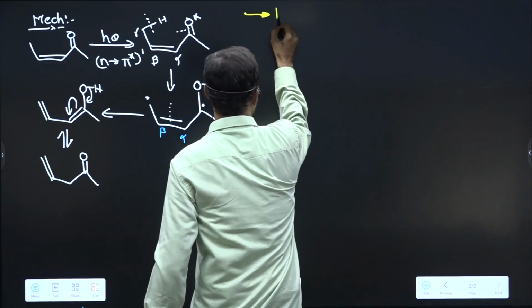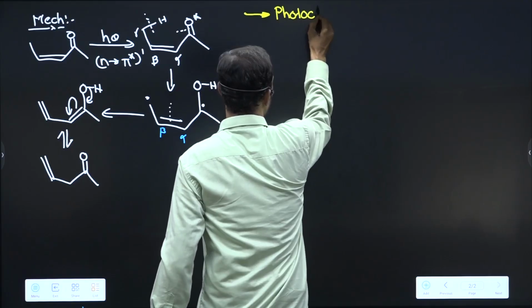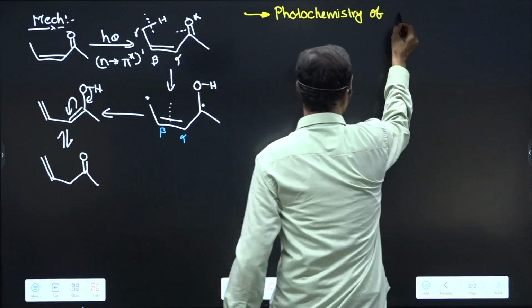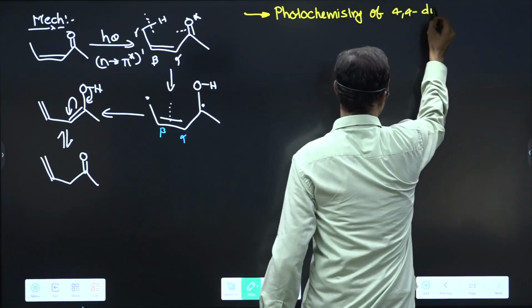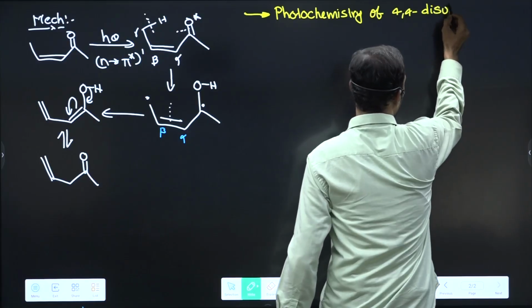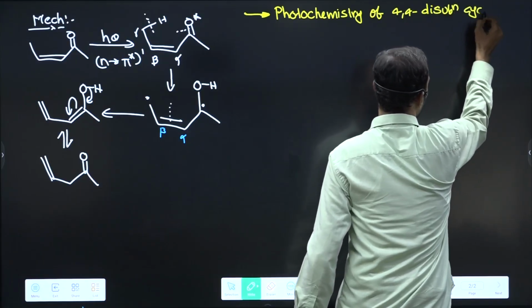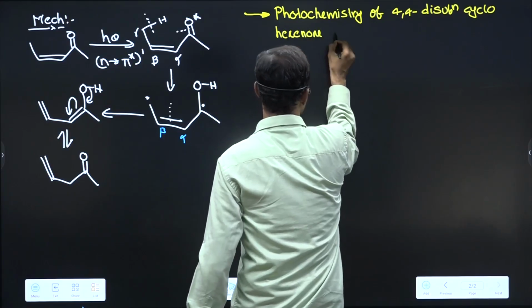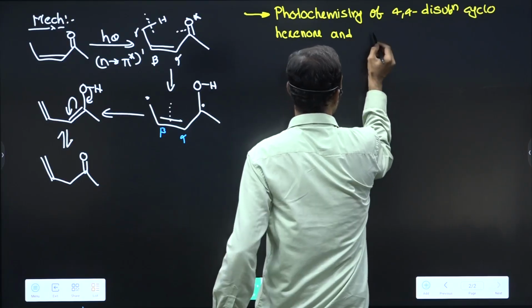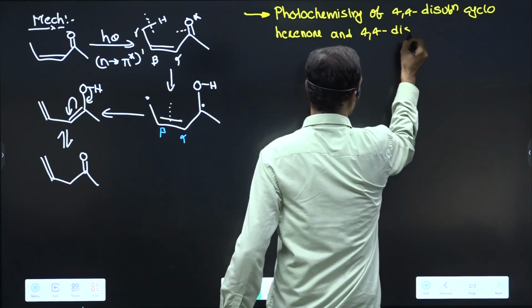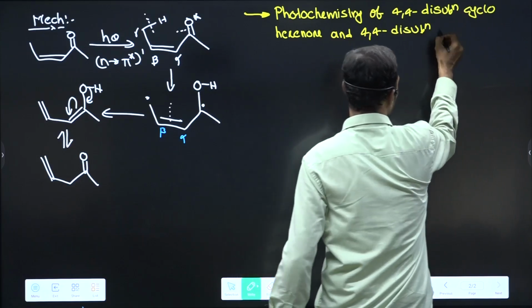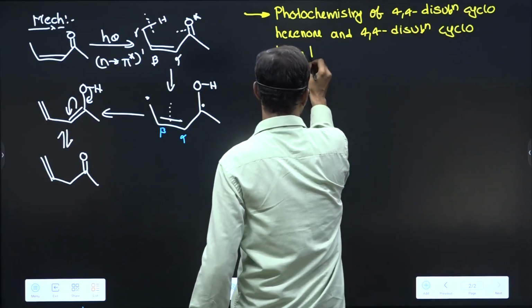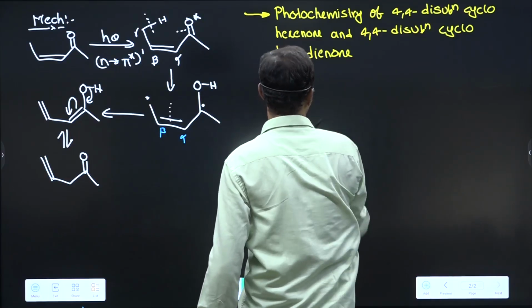Next, photochemistry of 4,4 disubstituted cyclohexanone and 4,4 disubstituted cyclohexadienone.